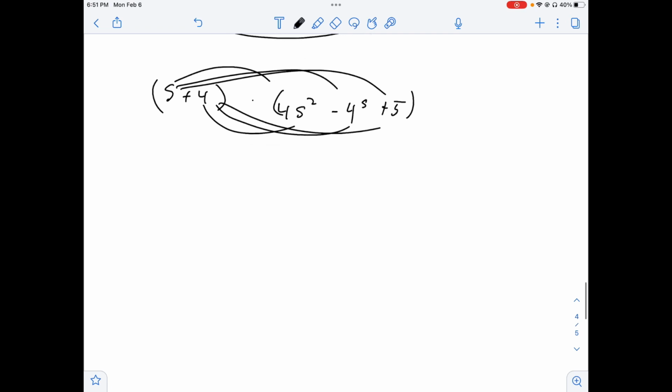So then it would come out to s times 4s to the power of 2, next s times negative 4s, then next s times 5, next you're moving on to the next part, which is the 4.